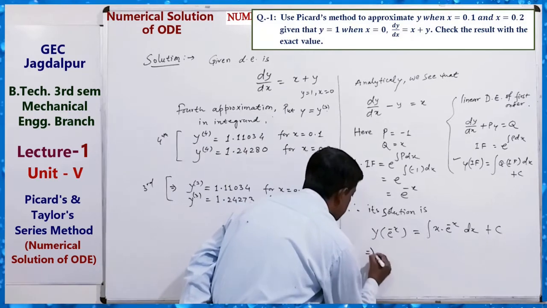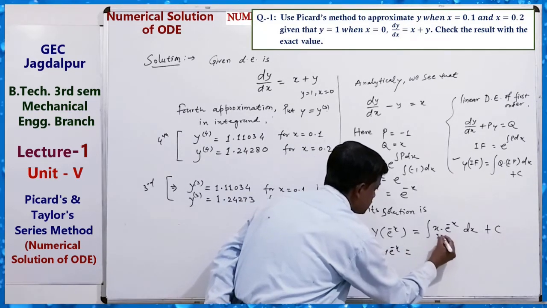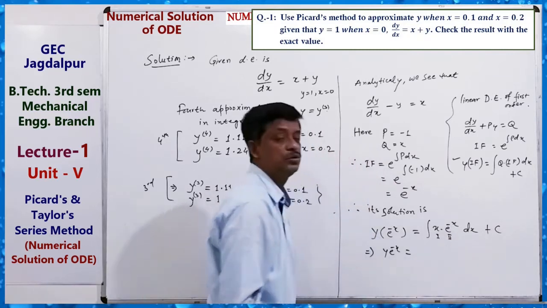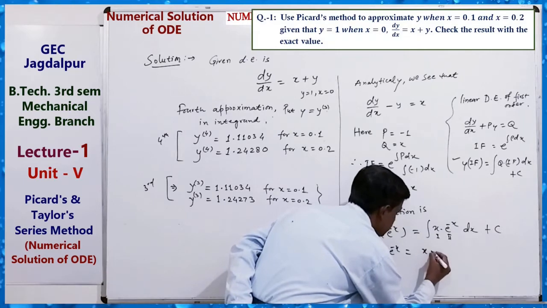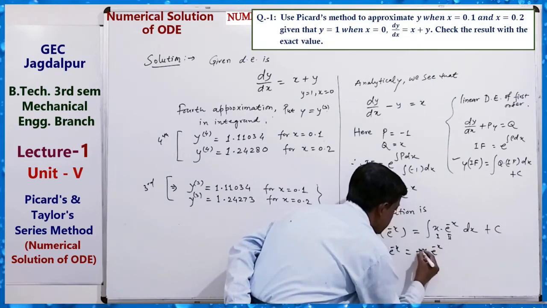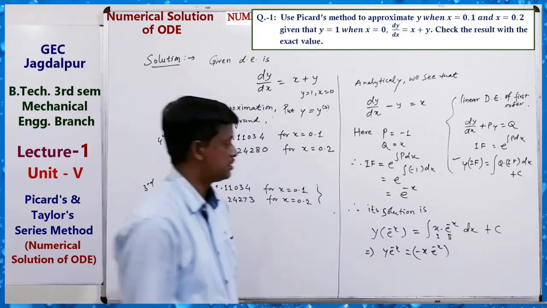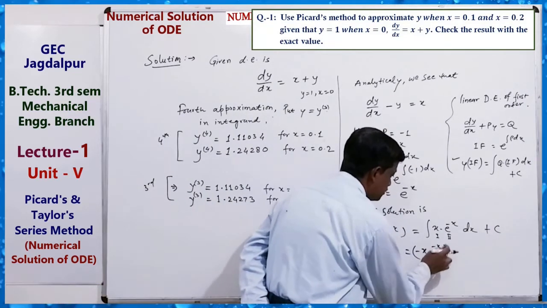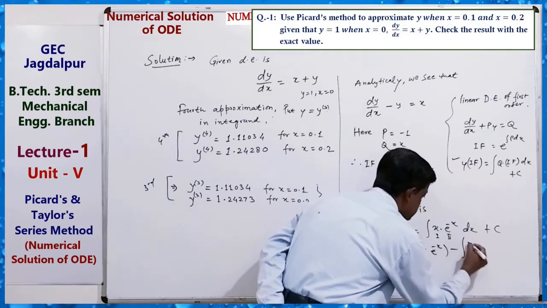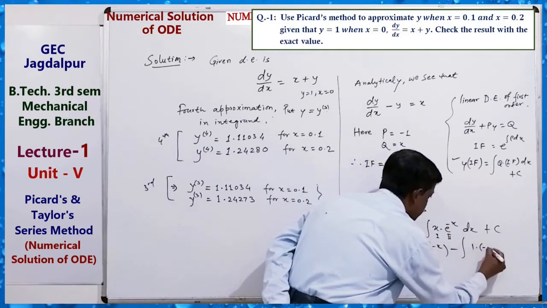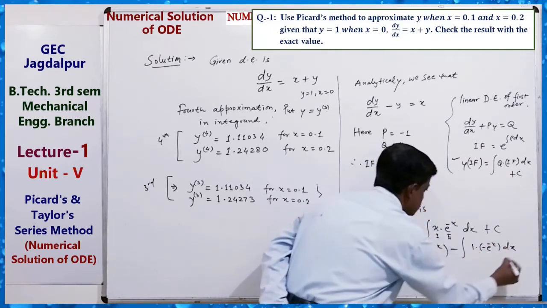Now, y e to the power minus x equals, we can do this by the parts method. Here first function x, second function e to the power minus x: minus x e to the power minus x, minus integration of the differentiation of the first function, 1, into the integral of the second, e to the power minus x, dx, plus c.